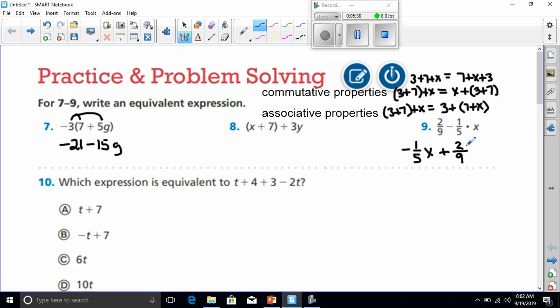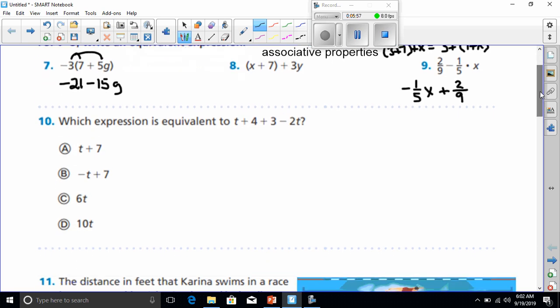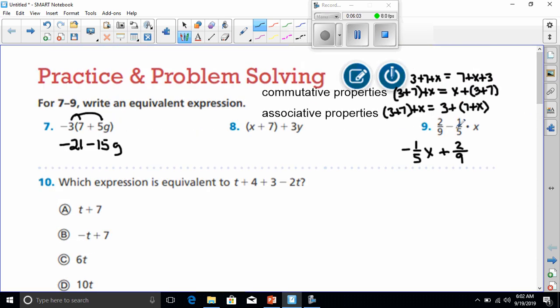Now, some of you are saying, hey, you can only do this with adding and multiplying, you said. But remember, I'm taking a negative 1/5 and adding it to 2/9, because this is a positive number. So I can change the order that I'm doing addition. I basically am taking the subtraction out of it and making it into an addition problem. That would be almost equivalent to rewriting this as 2/9 plus negative 1/5.